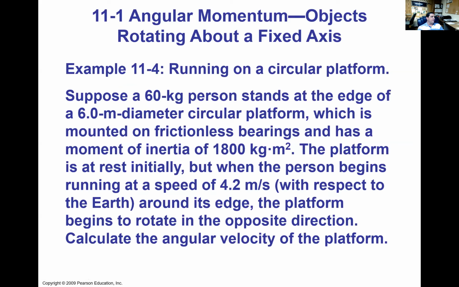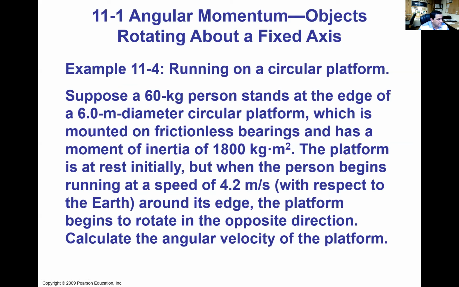So if you have a person running on a circular platform, suppose a 60-kilogram person stands at the edge of a 6-meter diameter circular platform, which is mounted on a frictionless bearing, just like the picture that we had, and has a moment of inertia that they gave to us of 1,800 kilogram meter squared.